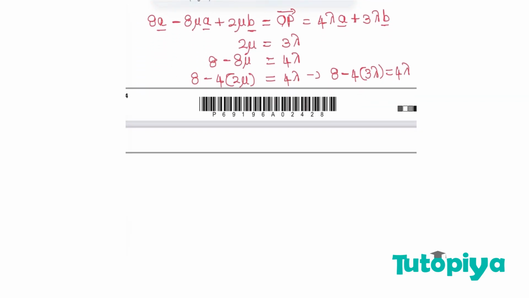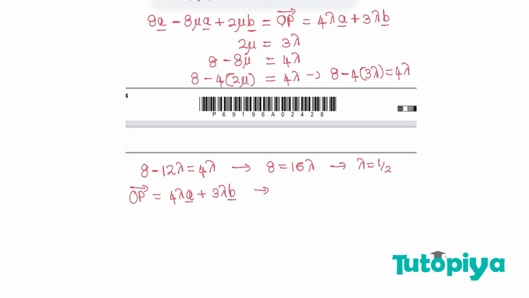So, from here I can do 8 minus 12 lambda is equal to 4 lambda, that is 8 is equal to 16 lambda, which means lambda is equal to half. And now that I have worked out the value of lambda and I know that OP is equal to 4 lambda A plus 3 lambda B, I can simply substitute the value of half. So, that means this is going to be 2A plus 3 over 2B.